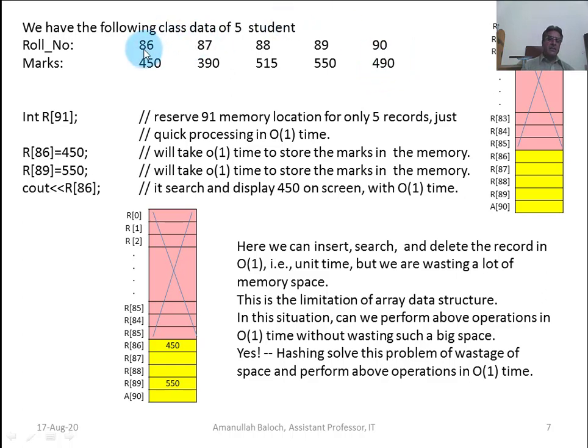Now these are 2 digit roll numbers, and if we consider 86 as the roll number of a student, and I consider it the index of an array, then it will occur.